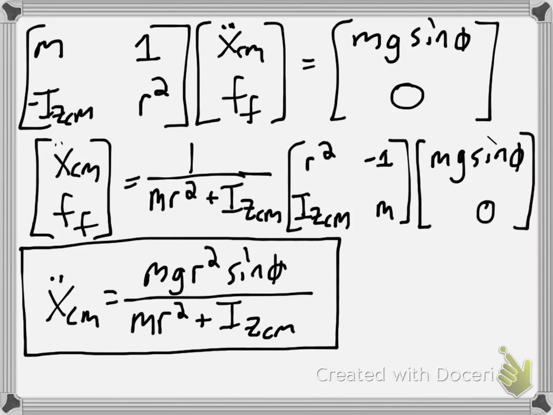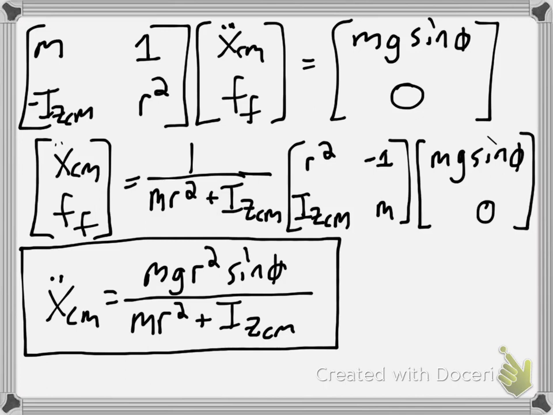We could pull out the mass, and that cancels with the mass in the top term. Also, in the case of the disk and the sphere, all three terms would have an mr squared, so that would cancel too. And the equation of motion would simply be a function of gravity and the sine of phi, the sine of the incline. Are there any questions on that?